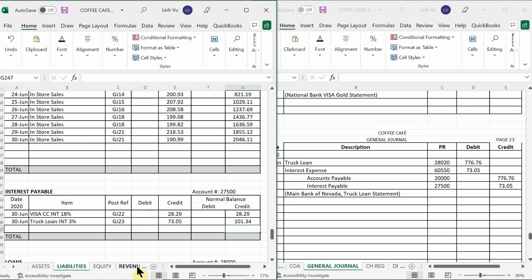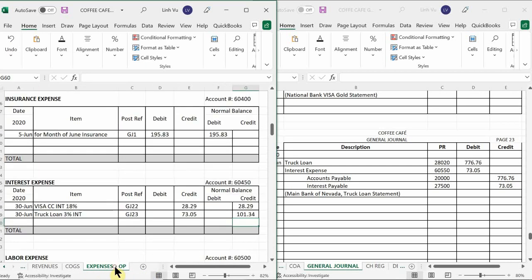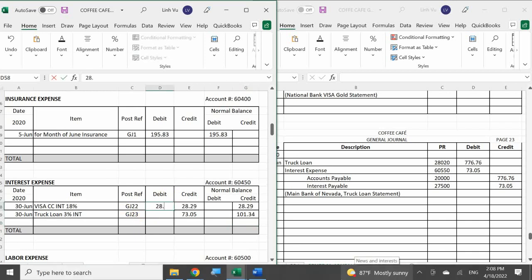Hold on. What did I put my interest expense as? Okay, interest expense is supposed to be debit, excuse me.